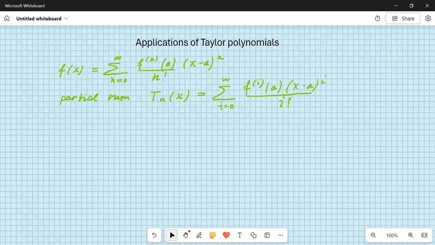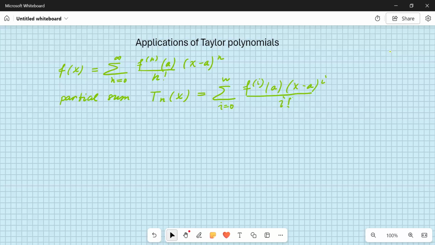Let's consider the first n plus 1 terms of this series, so term number 0 until term n. And here I used i as the index everywhere because I wanted to use n as the ending index of this power series.